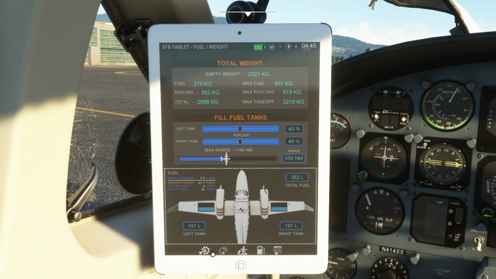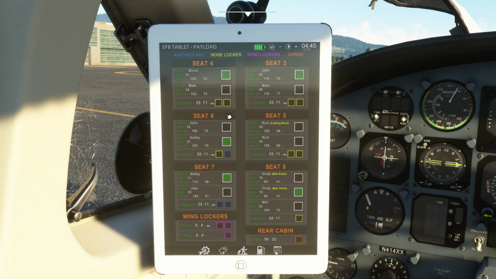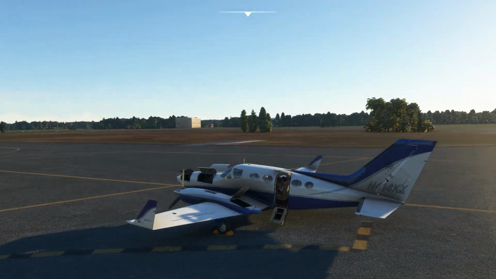So that's why I'm usually putting luggage in the front compartment. So we have 3 adults and 2 children. So I'll put 3 bags, actually 4 bags, and that's it in the front compartment.